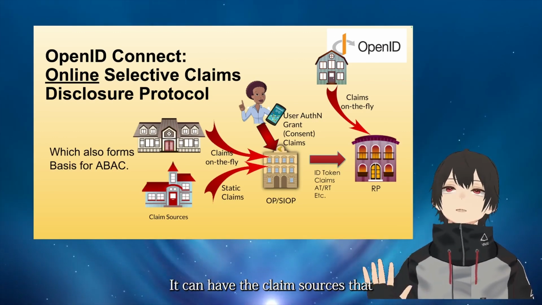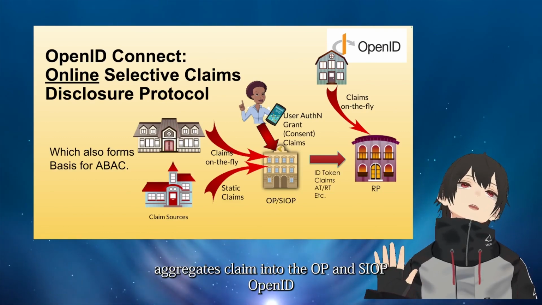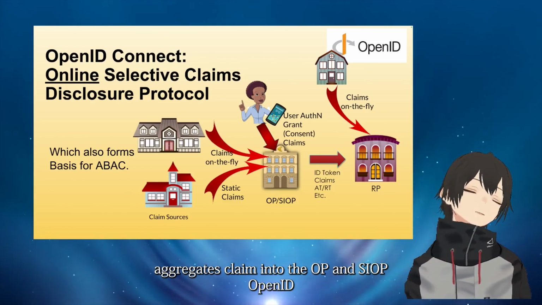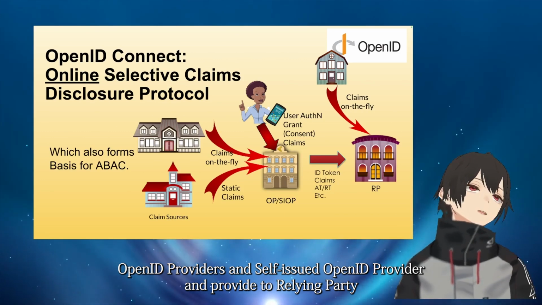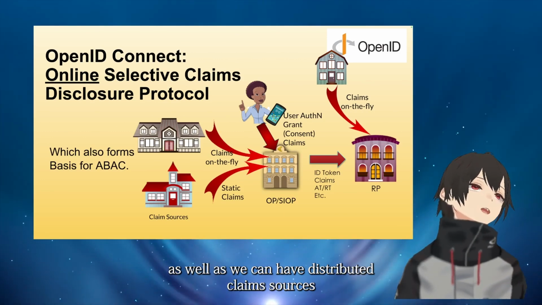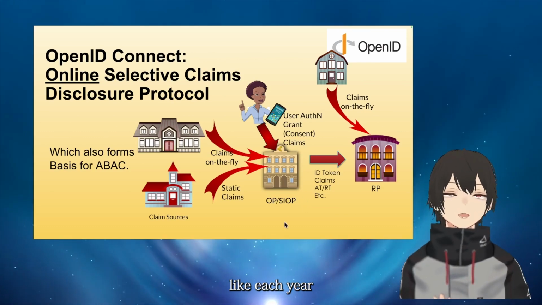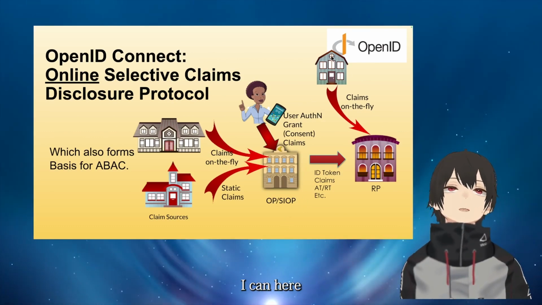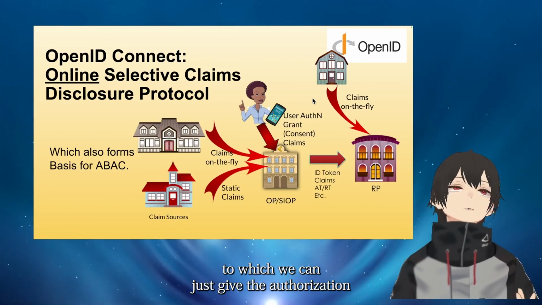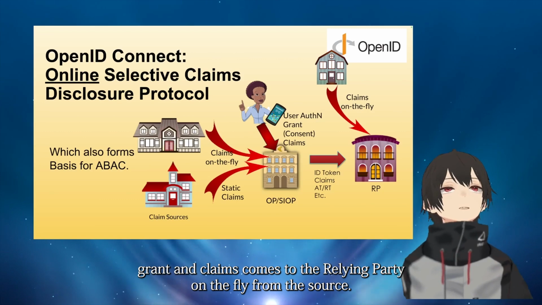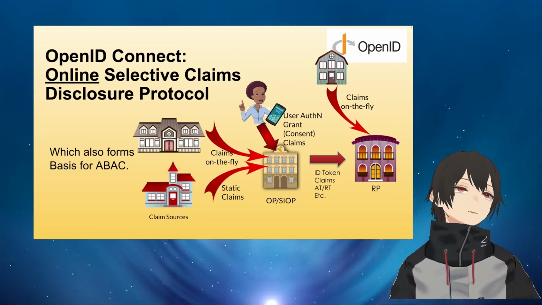It can have claim sources that aggregate claims into the OP and SIOP, OpenID provider and self-issued OpenID provider, and provide them to the relying party, as well as distributed claim sources like in here, to which we can just give the authorization grant and claims come to the relying party on the fly from the source.